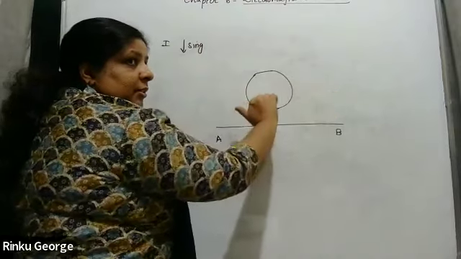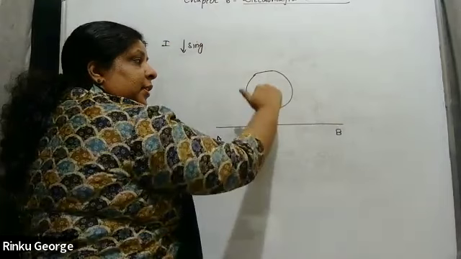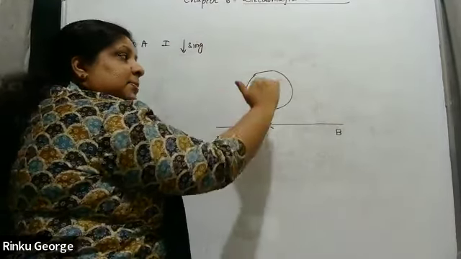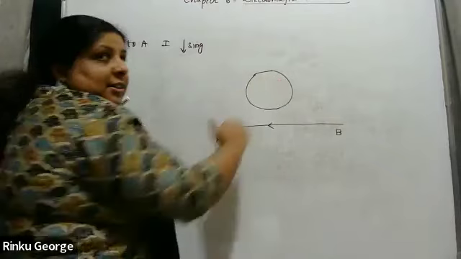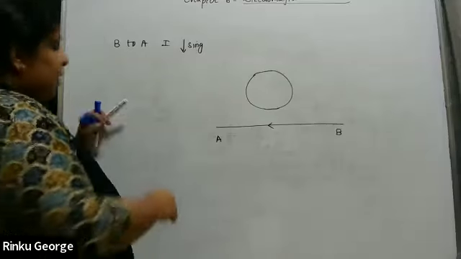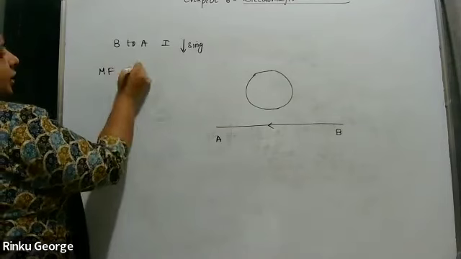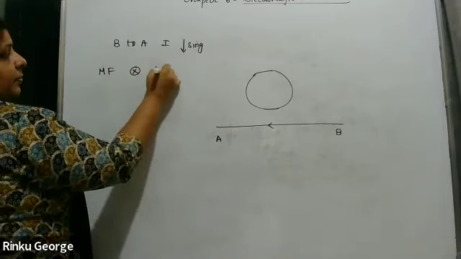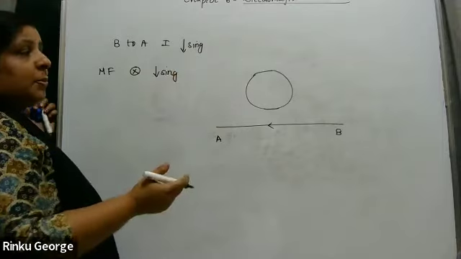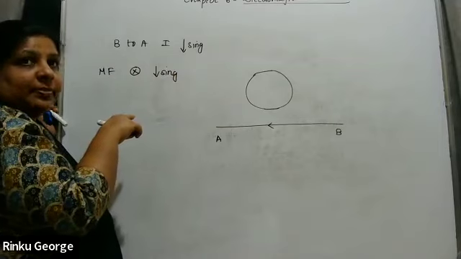This is the current; magnetic field will be into the page in the loop. So current decreasing means magnetic field into the page is decreasing. That is the cause. So how to oppose the cause? By increasing magnetic field in the into the page direction.